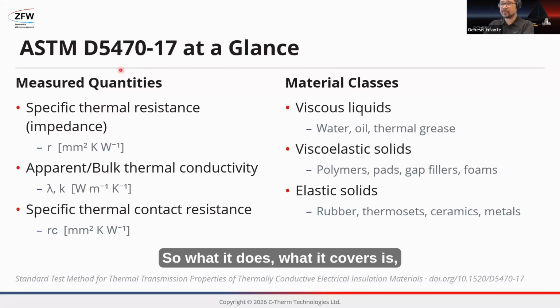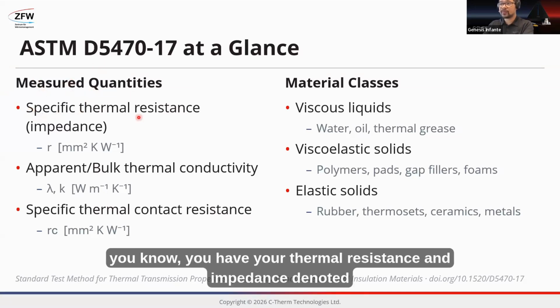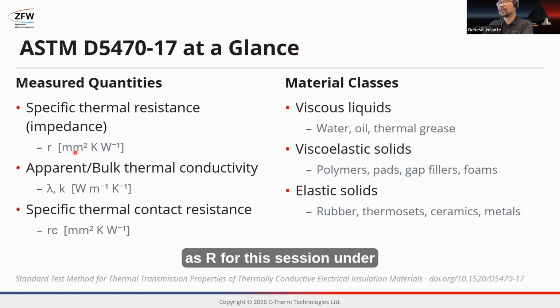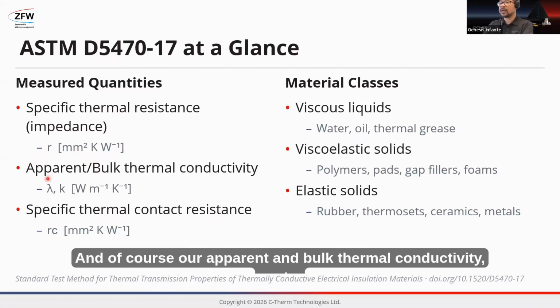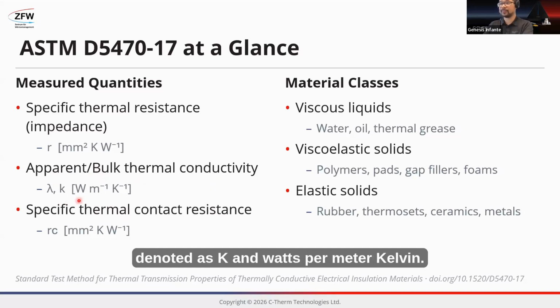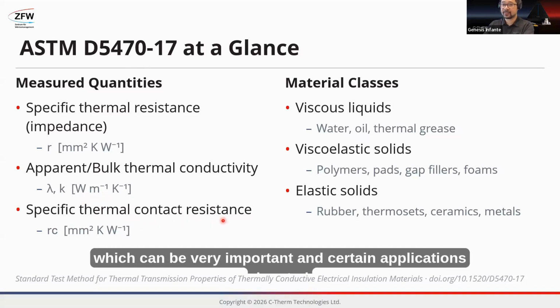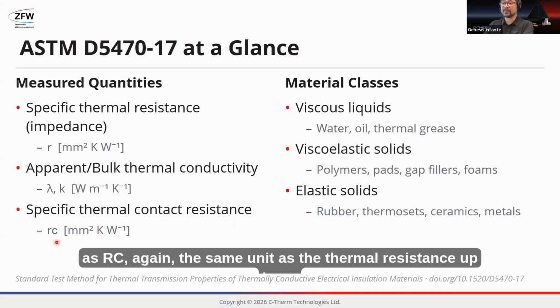What it covers is the measured quantities: thermal resistance and impedance, denoted as R for this session, in millimeter squared Kelvin per watt units. And of course, apparent and bulk thermal conductivity, denoted as K, in watts per meter Kelvin units. And specific thermal contact resistance, which can be very important in certain applications, denoted as RC, with the same unit as the thermal resistance.